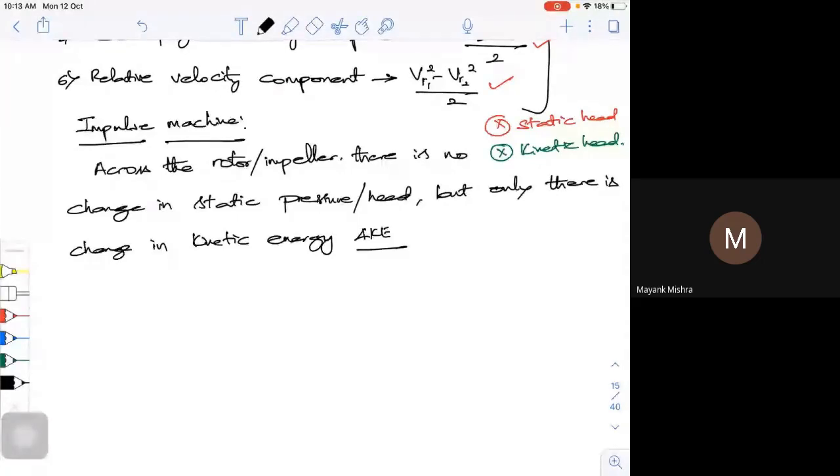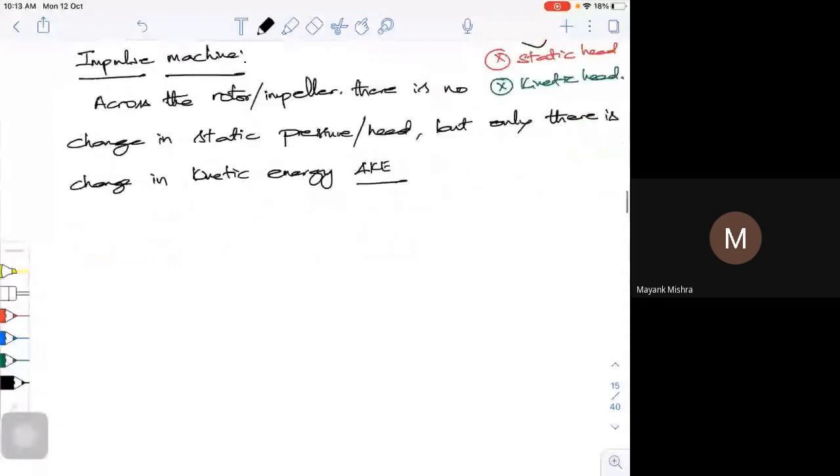So what will happen if it's a reaction machine? In case of a reaction machine, there is change in both. There is an impact of the static component also. There is a change in my static pressure component.